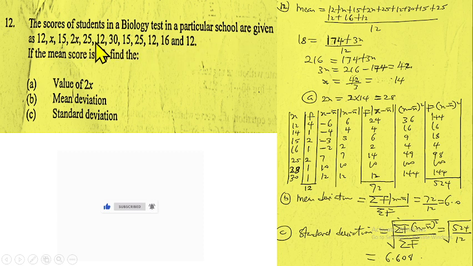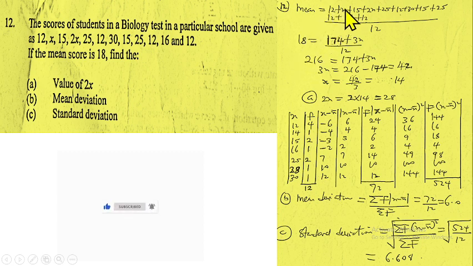So using the understanding of finding the mean of ungrouped data, that means you need to add all these numbers together and divide it by the number of data you have there to give us the mean. So you have mean equal to 12 plus x plus 15 plus 2x plus 25 plus 12 plus 30 plus 15 plus 25 plus 12 plus 16 plus 12 over the number of data we have here, which is 12, to give us the mean, and the mean is 18.